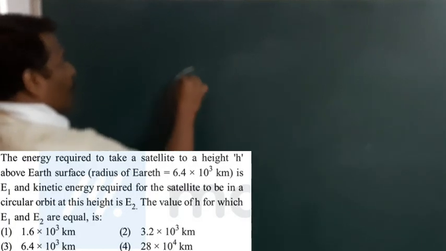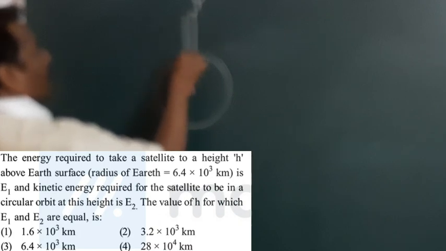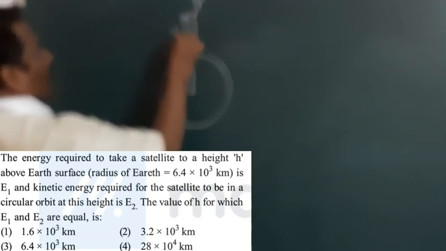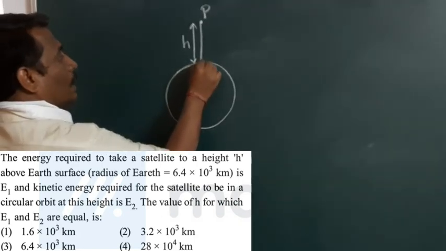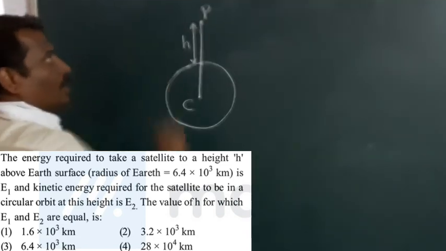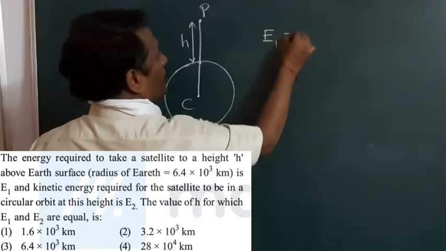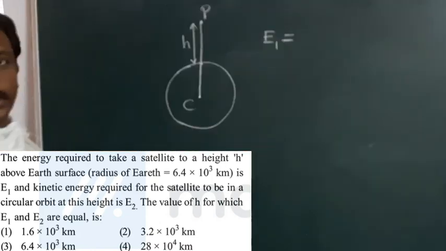Suppose the planet is taken to a height. This is the planet, this is the center of the earth. Suppose the planet is taken to height h from the surface of the earth. Now, the work done in taking the planet from the surface of the earth to this height, that is E1, will be equal to the change in its potential energy.